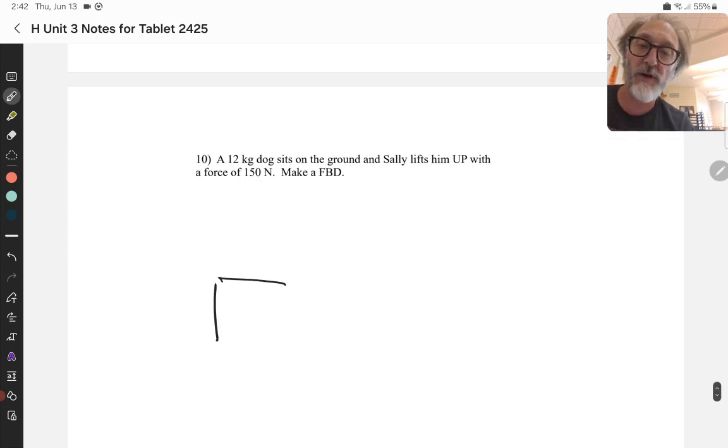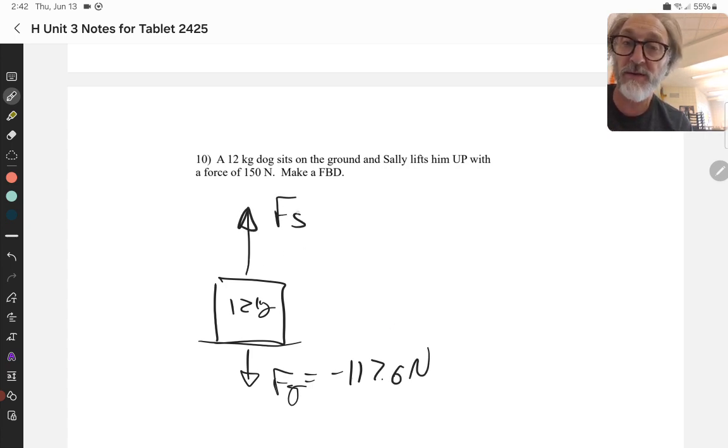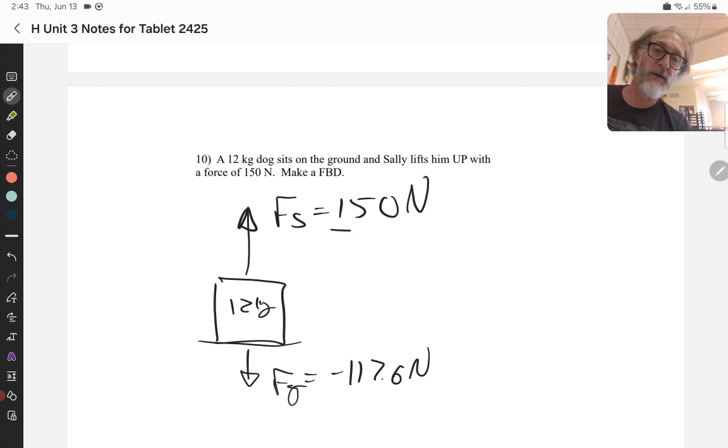So here's the dog, ground, 12 kilograms, gravity, 12 times 9.8, force of Sally. So now, once again, if Sally's trying to lift the dog, is 150 newtons going to be enough? Well, yeah. 150 newtons is more than 117.6, right?